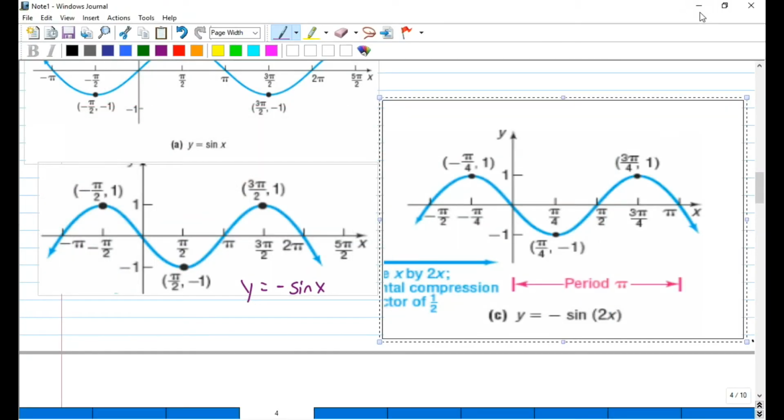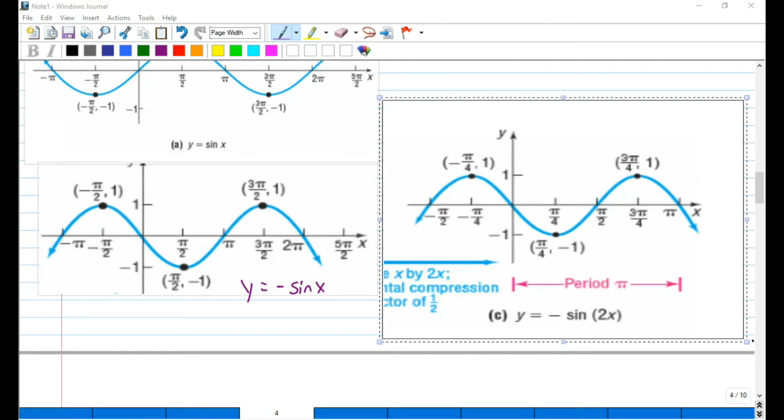All right. So changing the amplitude is going to change the height, the high points and low points. Changing the number in front of the x is either going to compress or stretch the graph. But how do we know how to graph it then?